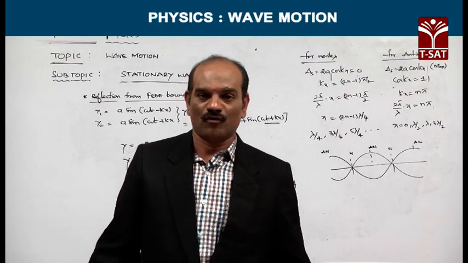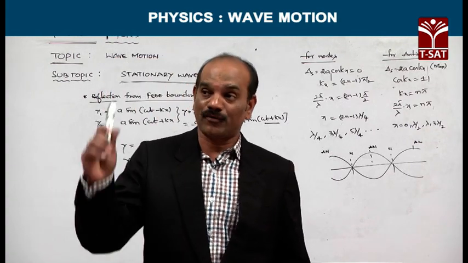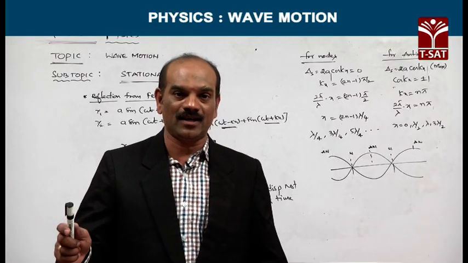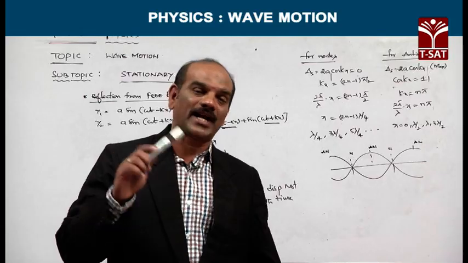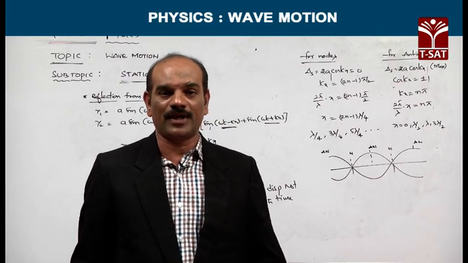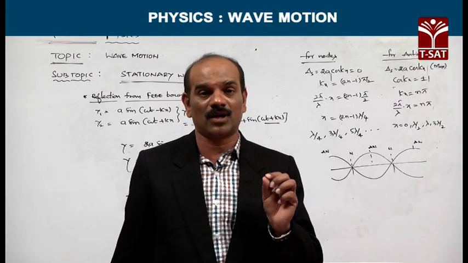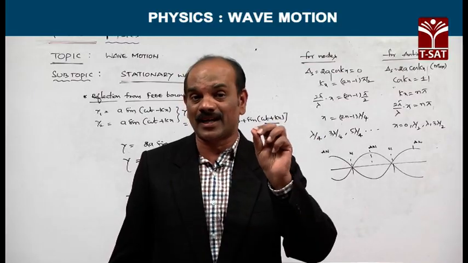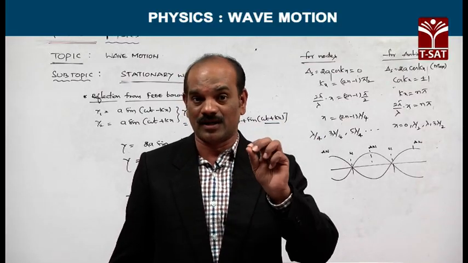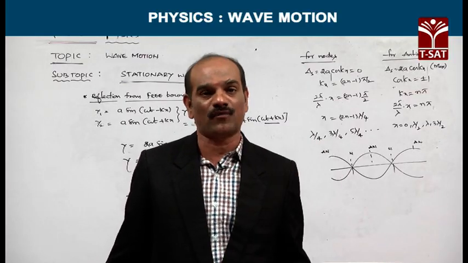That means when a wave is travelling along the positive x-axis, reflection takes place at the rigid end, it will travel in the opposite direction, and superposition forms a standing wave. That means standing waves and stationary waves are both the same. That is possible by superimposition of two progressive waves travelling in opposite directions. They interfere, as a result standing waves or stationary waves are formed.